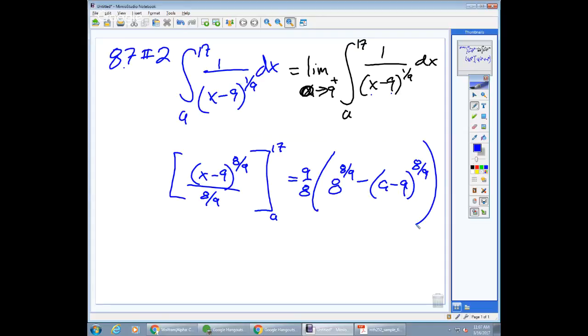So let's switch back to black. So taking the limit as a heads toward 9 on the right side, let's see, what do we get? Well, I guess I need to recopy that to be accurate with my notation.